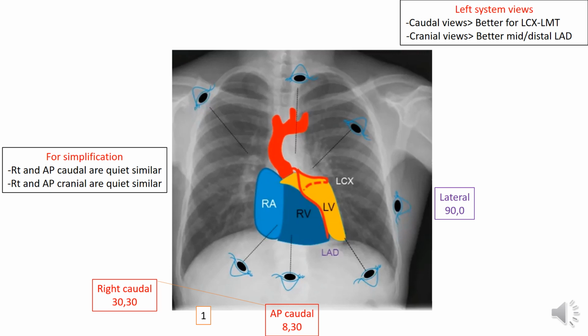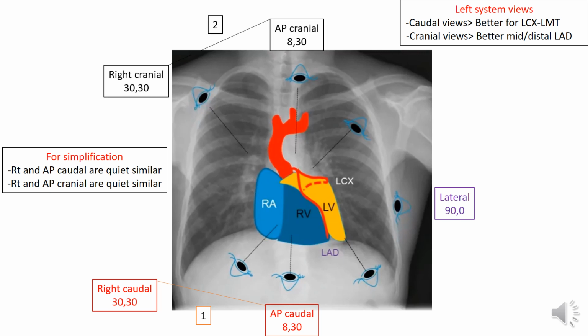So during the epicaudal or right caudal view, you will find the circumflex artery running vertically on the image, as we will see in the coming slides. For simplification, both views have a similar picture in the coronary angiogram, so we will deal with the epicaudal view and right caudal view as one view.